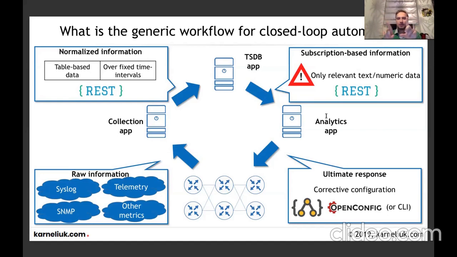So I said two ways, so stream and batch. Then information is processed further by the analytics app. If you speak about the textual information, it's mainly about parsing text and finding a match to a certain regex, extracting some information from this syslog message, say which host has generated this SMTP message, so that we know to which host we need to perform the response action, or any further useful information, say which interface went down, or which OSPF or BGP neighbor came up.